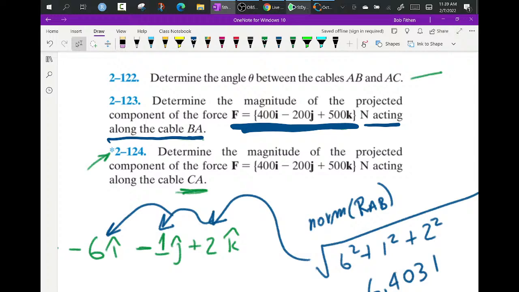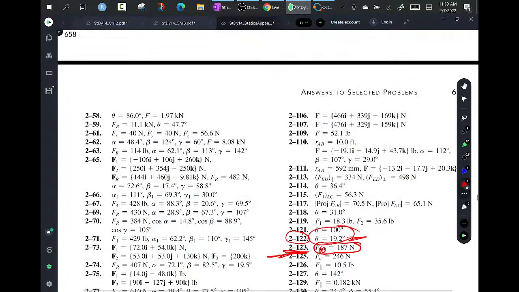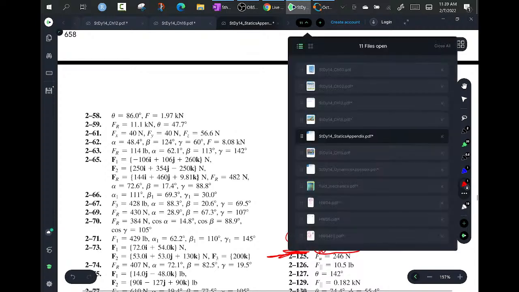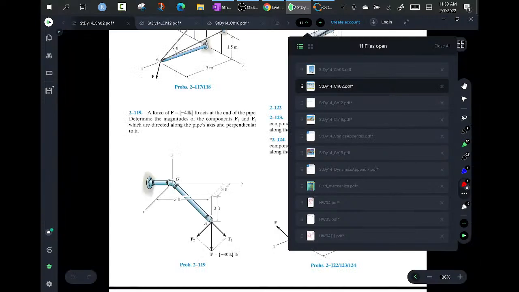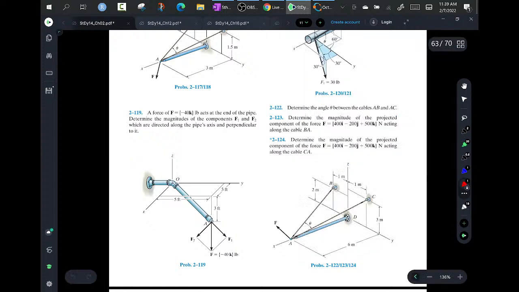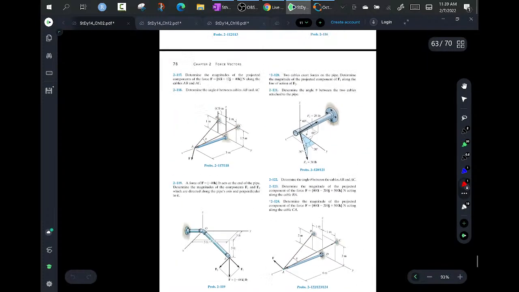So let's head back in and 222 right there. It's a little slow today, and it's running hot. So essentially, dot products, that's all you're doing.